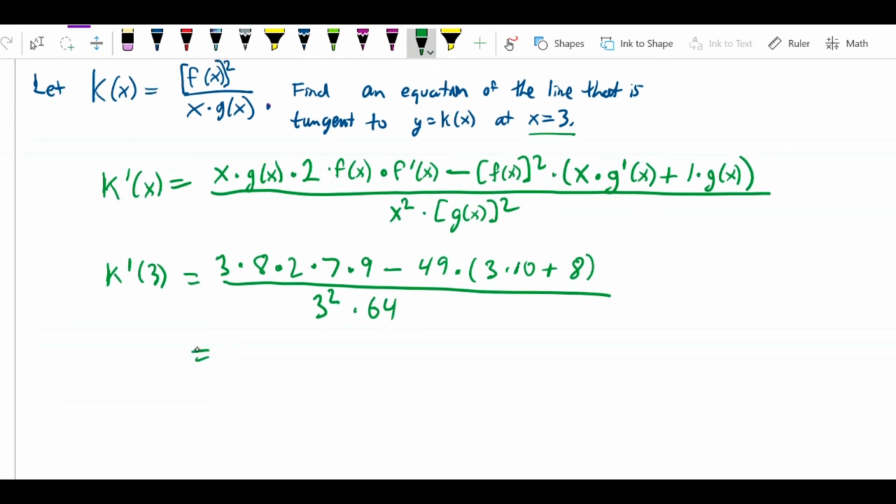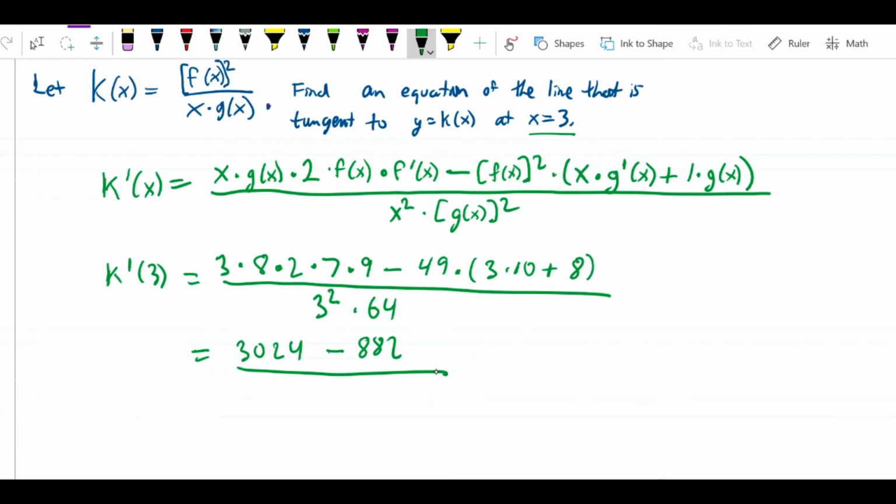Okay, so we need to do a little simplification here. This is going to be easier with a calculator. That's 3 times 8 times 2 times 7 times 9, which is 3024. And then 3 times 10 is 30, plus 8 is 38, no wait, 30 plus 8 is 38 times... so I have 49 times 18 is 882.